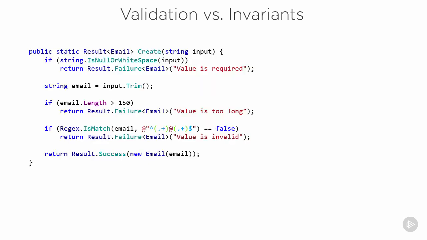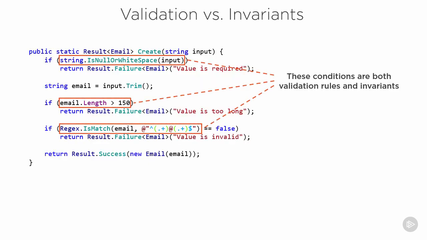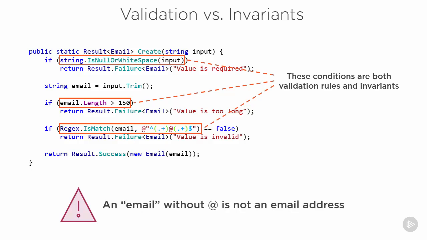For example, the checks for email address validity are there only because our application domain requires all email addresses to adhere to certain rules. These rules are invariants. They define the concept of email address in our application. Without them, the email address would cease being an email address. For instance, a string without an @ sign is not an email.